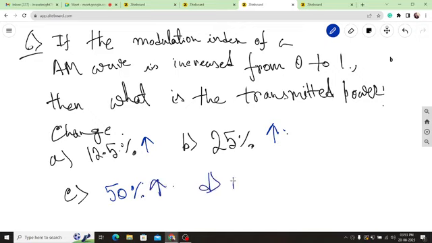Option D is none. So the question says the modulation index, that is mu, of the AM wave is increased from 0 to 1, and what happens to the transmitted power actually? Anyone care to answer this question?